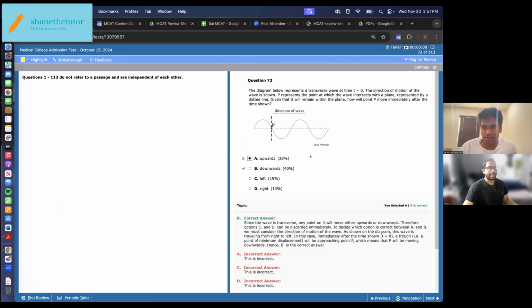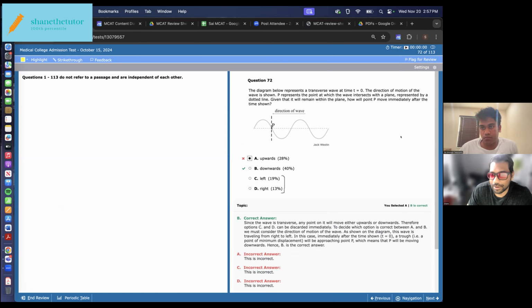But does it at least make sense that it's not C and D? Yeah, right, because you said again that this point can only go up or down. It cannot go left or right. Yeah, because a lot of people get this one wrong, and yesterday I went over it.